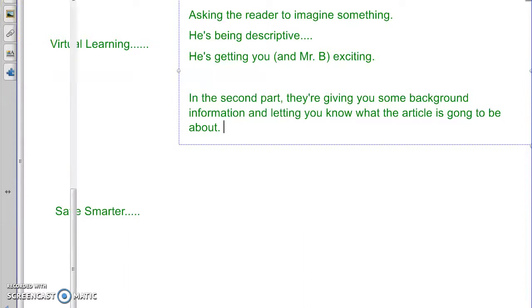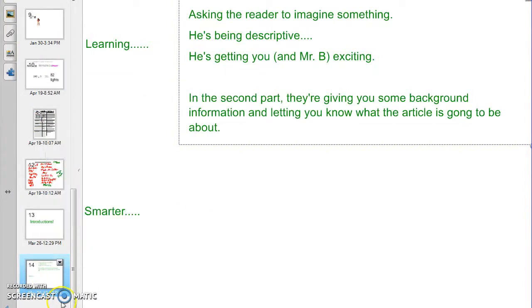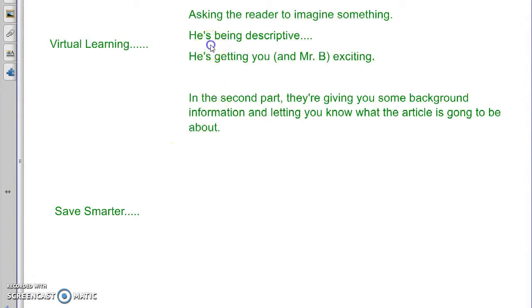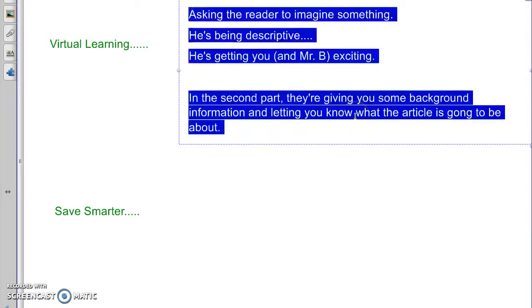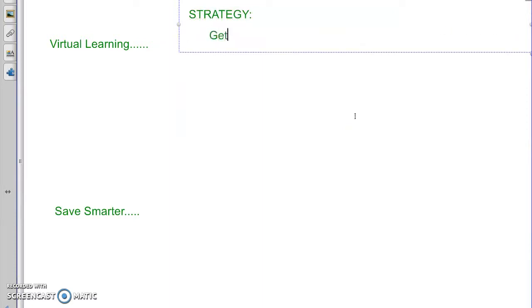Right? So if we were going to take that away and say, okay, what can we learn from this section? What you can do is strategy. Get your reader to picture something.